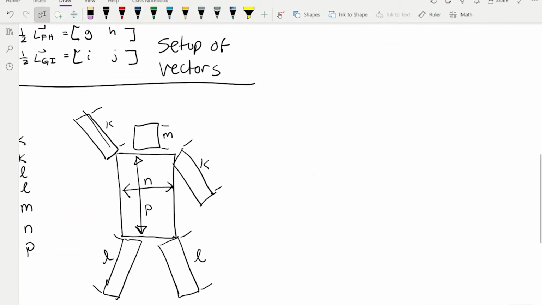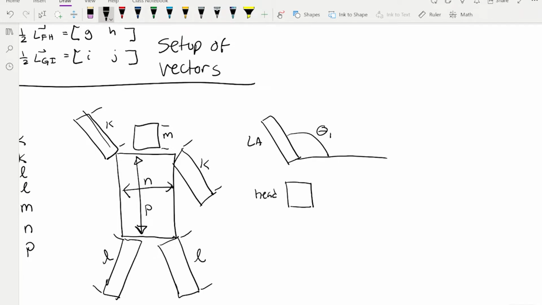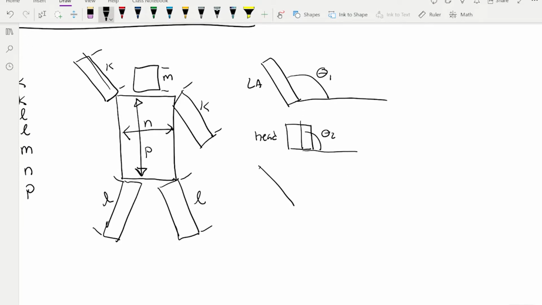Say arm has some theta 1. You got head. This is left arm. Head makes some angle theta 2. Right arm makes an angle 3.